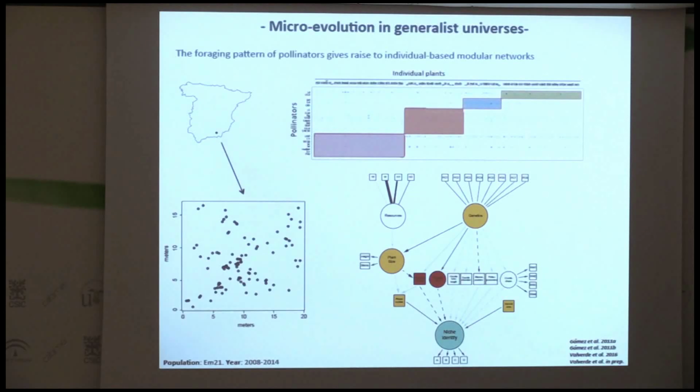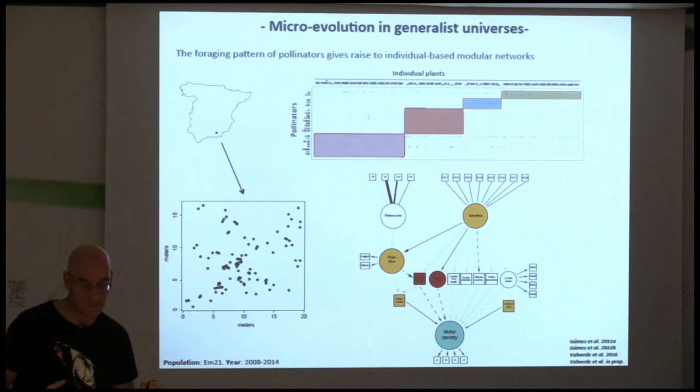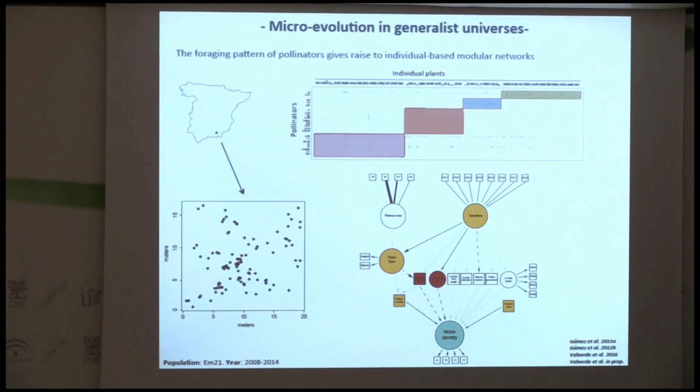And the first thing that we found, regarding the evolution of generalization, is that even at the level of the population, you can find different niches within the population. This is an example of one study done during these years in this part of the Sierra Nevada in Granada province.